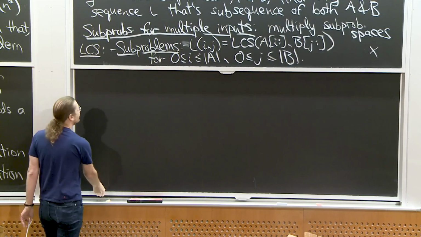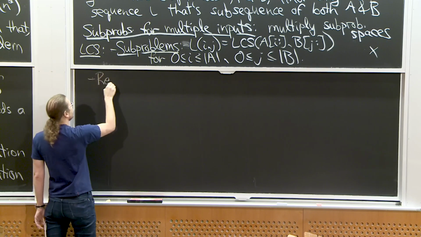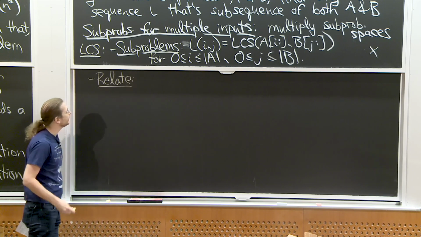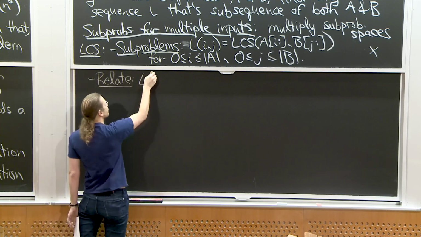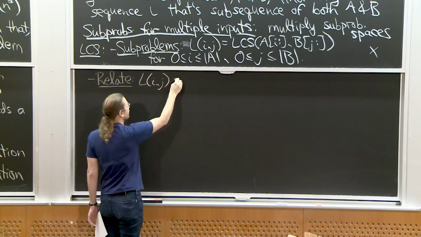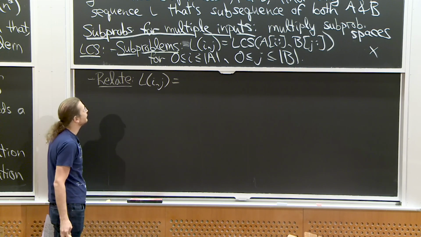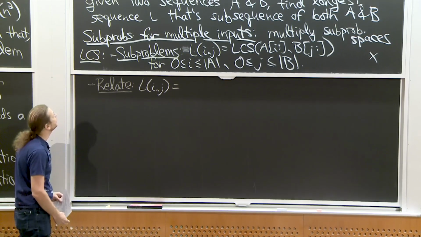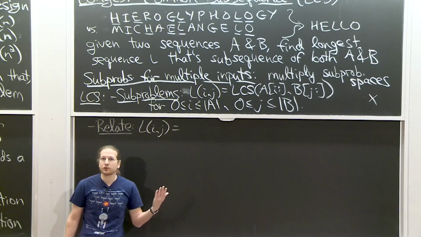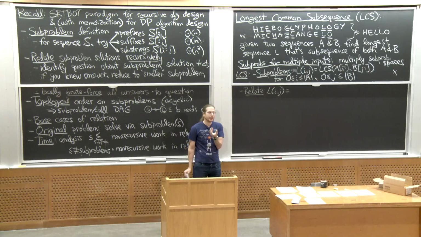Now I claim that that set of subproblems is enough to do a recursive relation among them. So I'd like to solve every subproblem L of i, j. The relation is actually pretty simple, but maybe not so obvious. Because we're looking at suffixes, we should always think about what happens to the first letter.